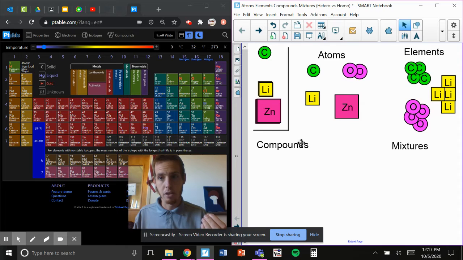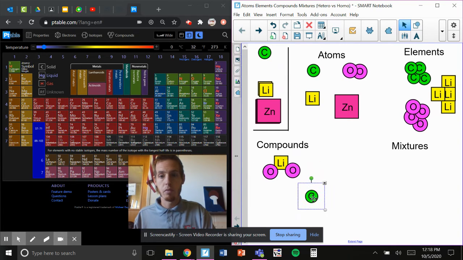Compounds, on the other hand, are when you have this difference. Two or more things put together. So, for example, you have something like lithium oxide, which is one Li and two O's. Or a carbon with, again, two oxygens.